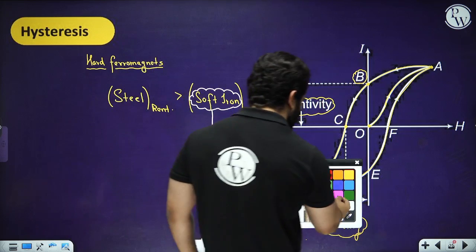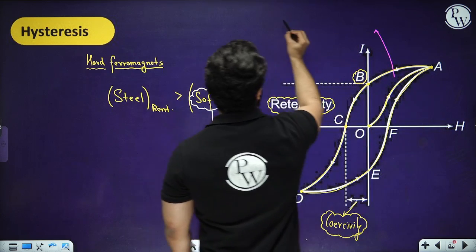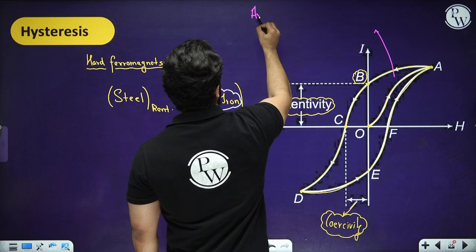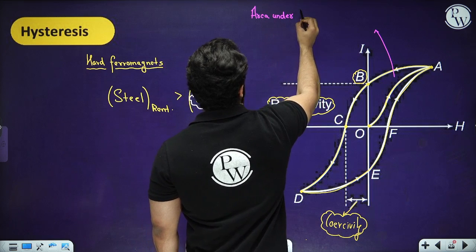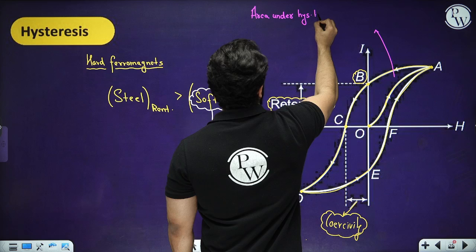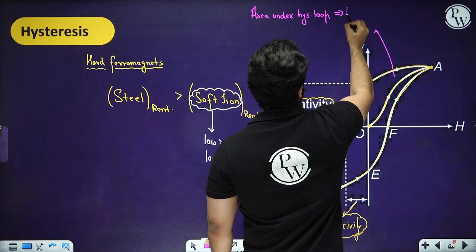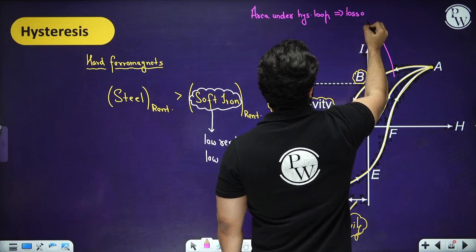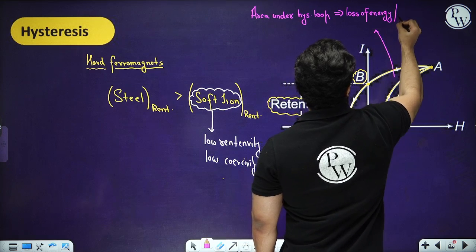And the area under the hysteresis loop gives you the loss of energy per unit volume.